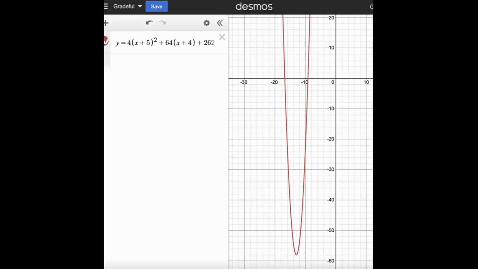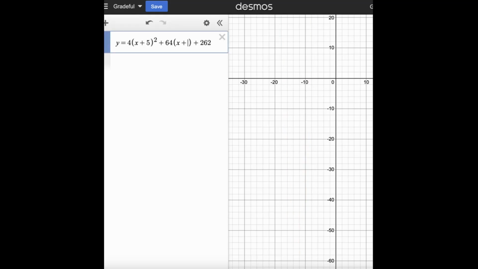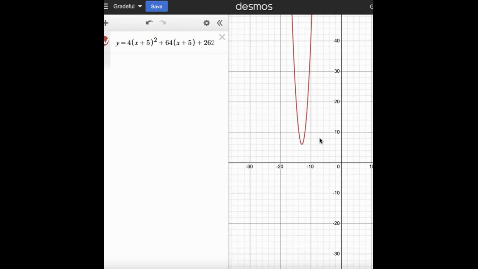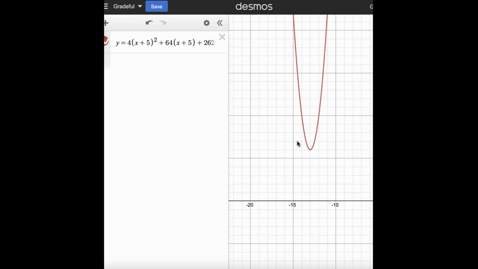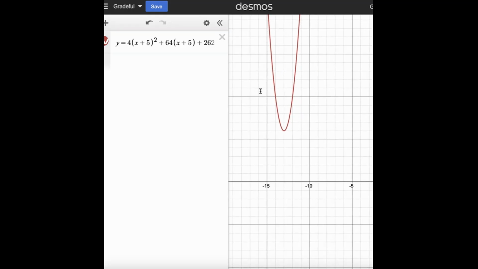So what you're looking at here is that we went over to Desmos and we plugged in exactly what we had: 4 times (x plus 5) squared plus 64 times (x plus 5) plus 262. And what you're seeing is a parabola in this space. Desmos is great for zooming in and out. When you take an SAT, you should have access to Desmos and also bring in your graphing calculator.